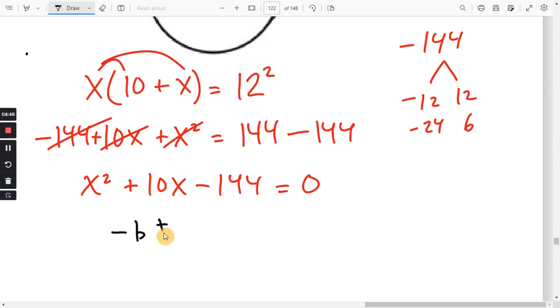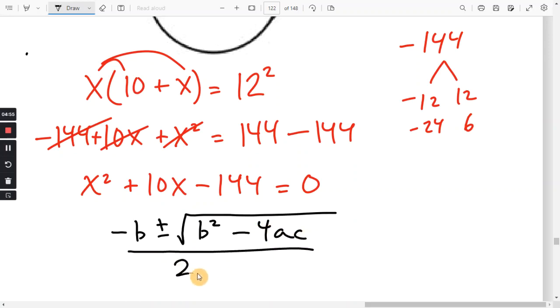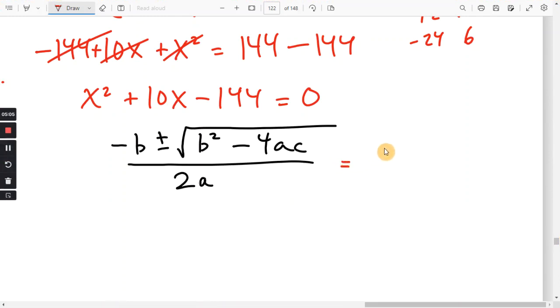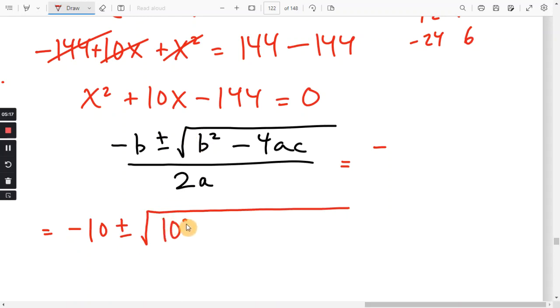Negative b plus or minus radical b squared minus 4ac all over 2a. All right, so negative b is going to be negative 10. I better do it over here. Plus minus radical b squared, that's going to be 10 squared, minus 4ac.